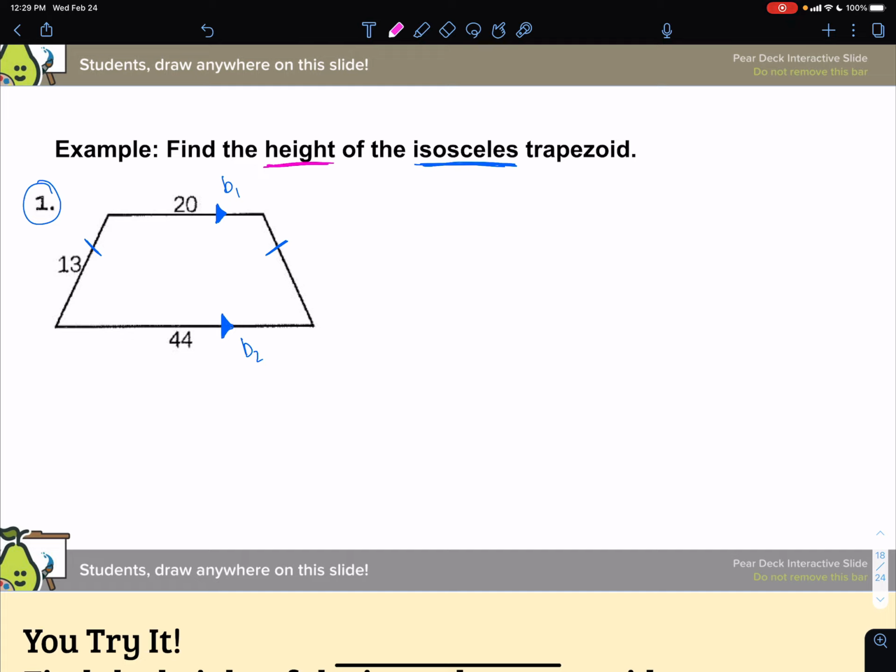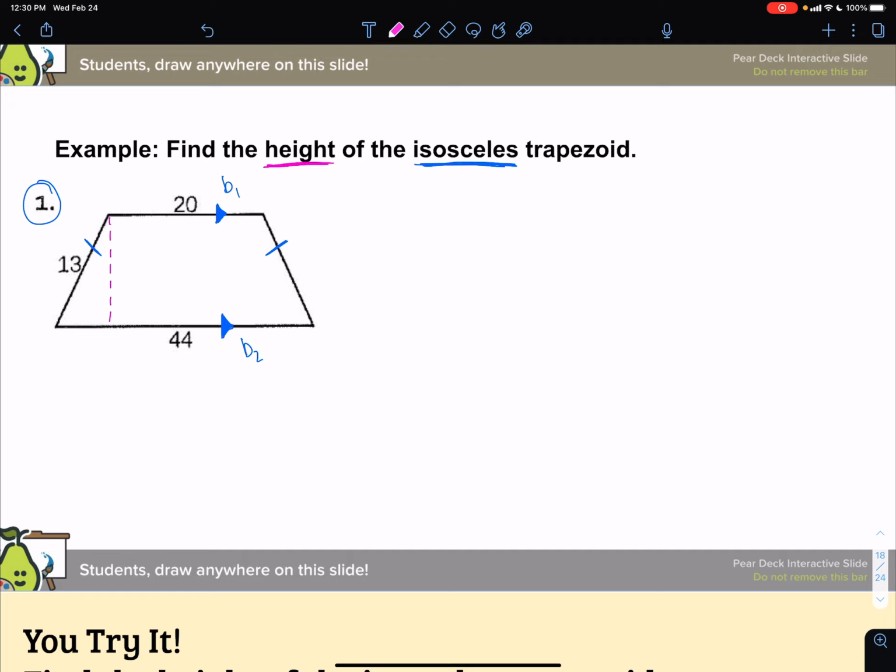And your base and your height always make a 90-degree angle with each other. And so our height in this example is one of these things right here, where we connect the top base and draw this dashed line down all the way to the bottom base. That's what our height is.